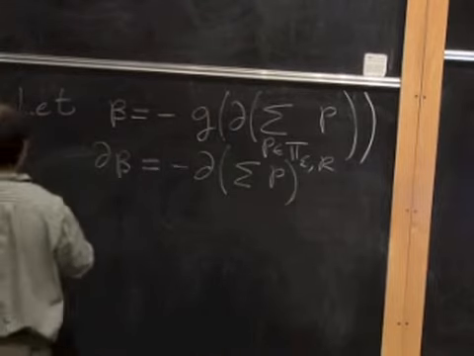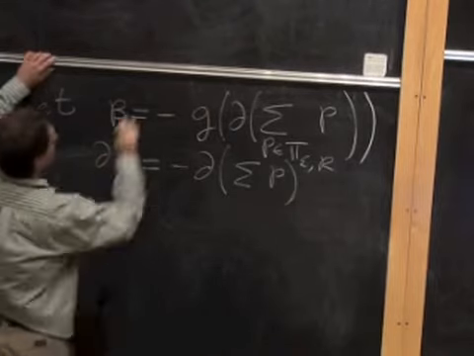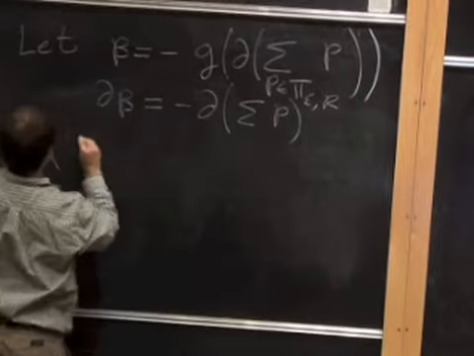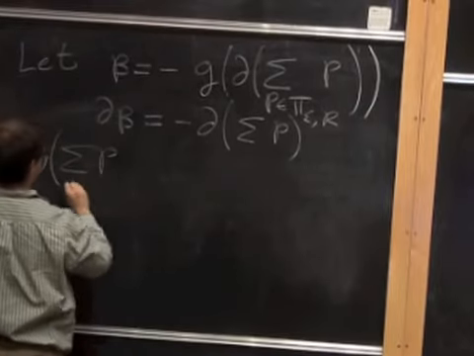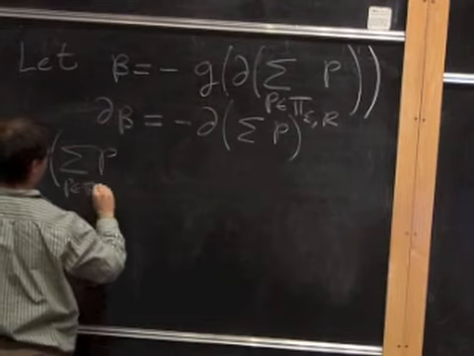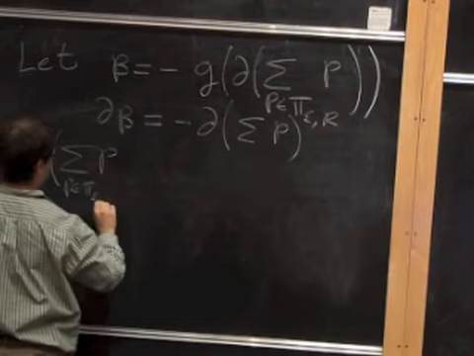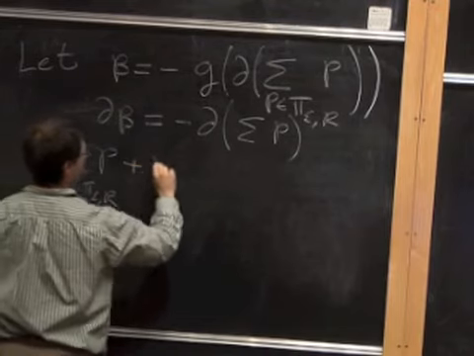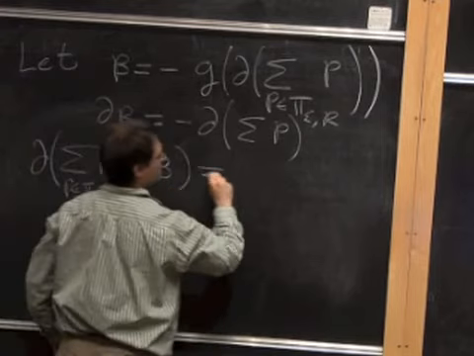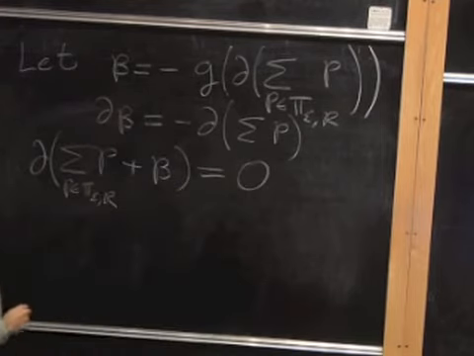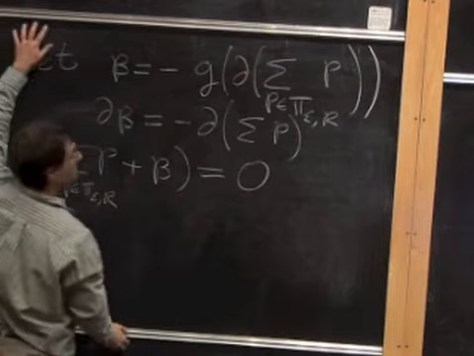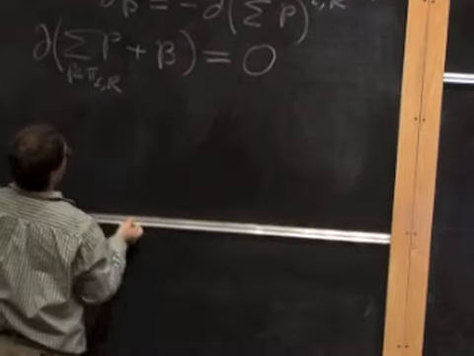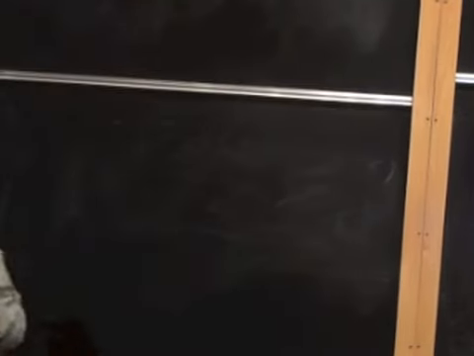And so when I take the boundary of this sum, and I add this beta term, I indeed get 0. But on the other hand, let me make one more observation.